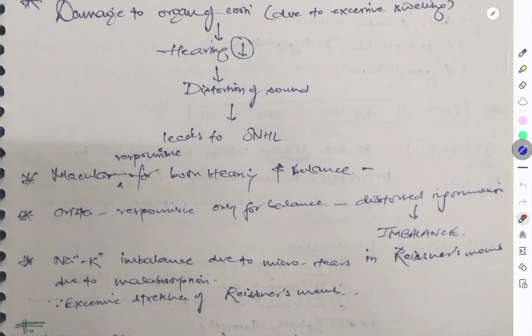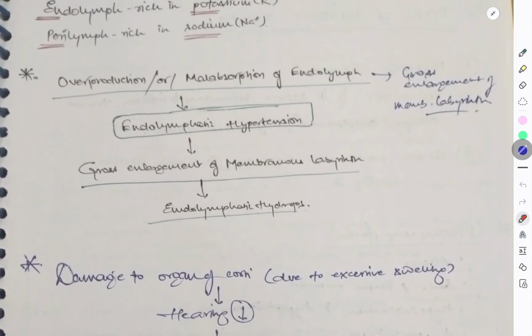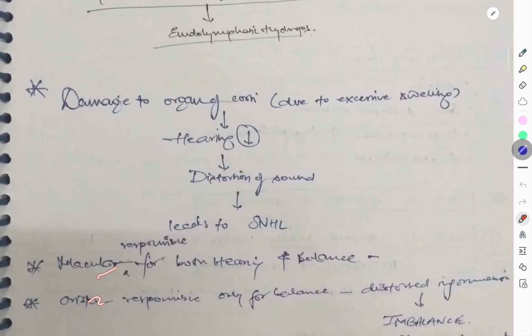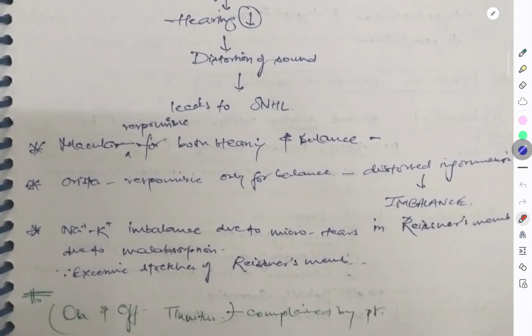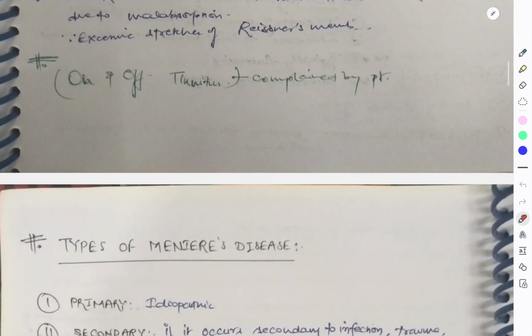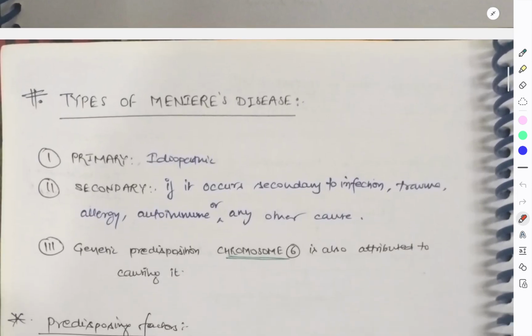This was the pathophysiology of Meniere's disease: overproduction or malabsorption of endolymph, damage to the organ of Corti, damage to the macula, damage to the crista, and then micro tears in the Reissner's membrane and electrolyte imbalance causing on and off tinnitus.